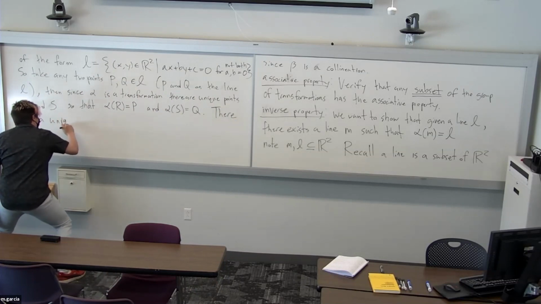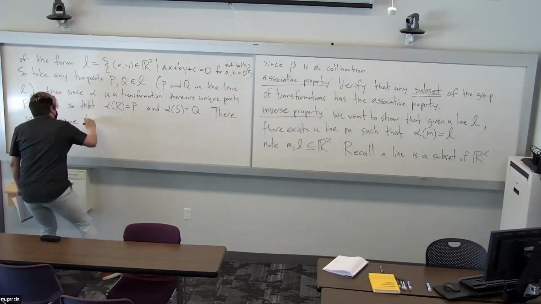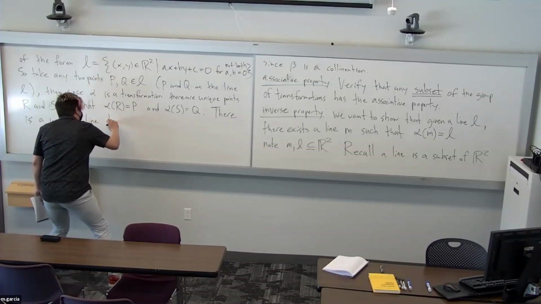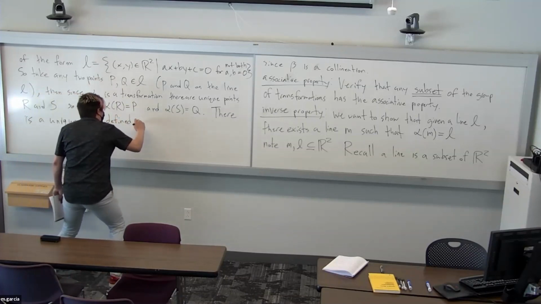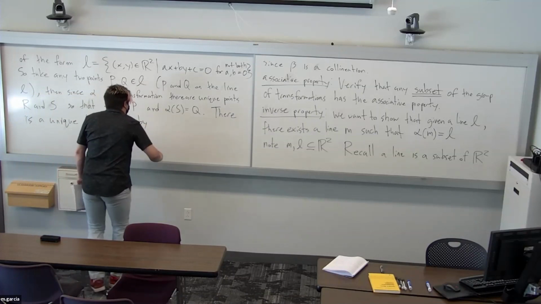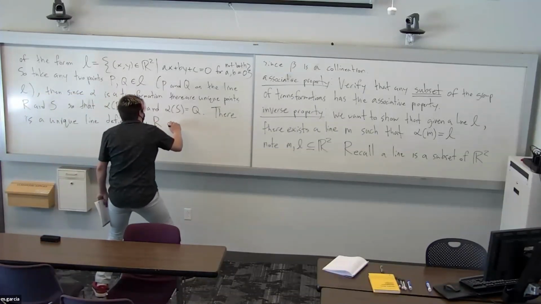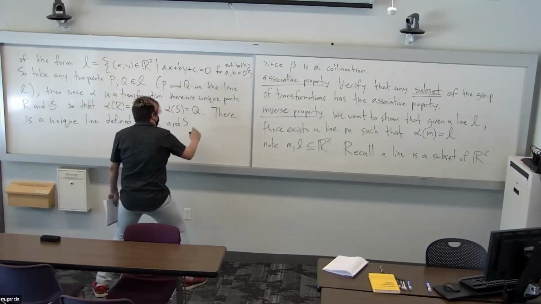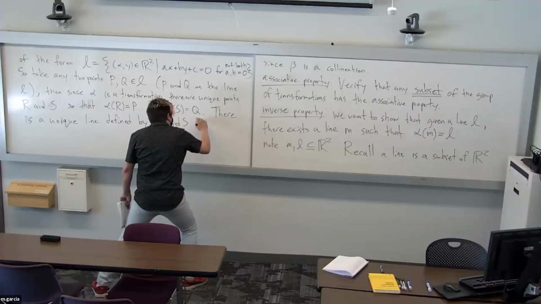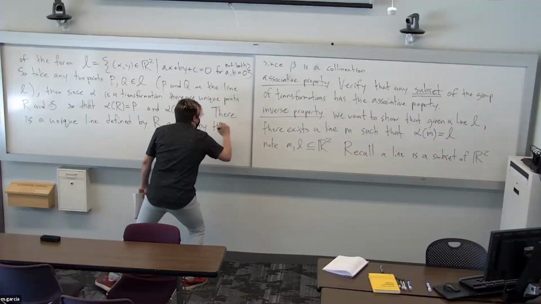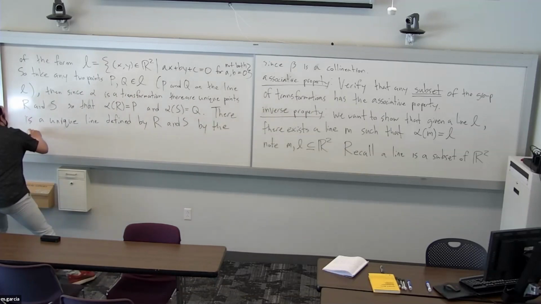There is a unique line defined by R and S by the axioms of Euclid.